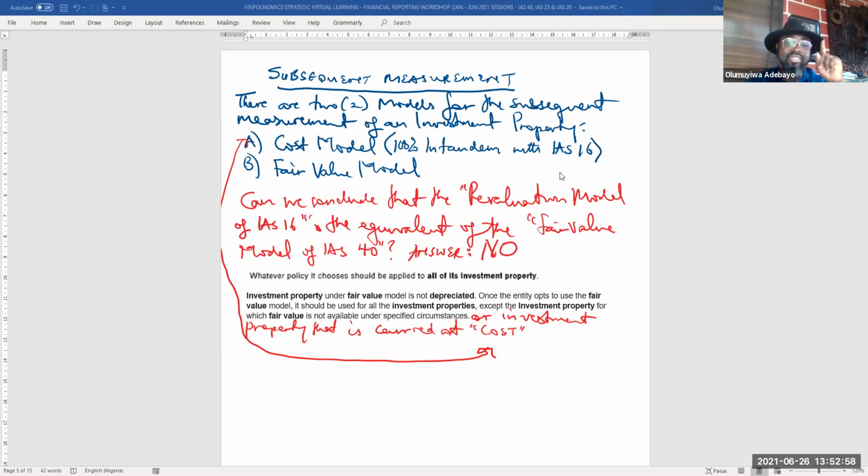But the standard makes a condition. If you have chosen the cost model for your investment property, you must always, in your notes, disclose the fair value of that investment property. Does that make sense, please?